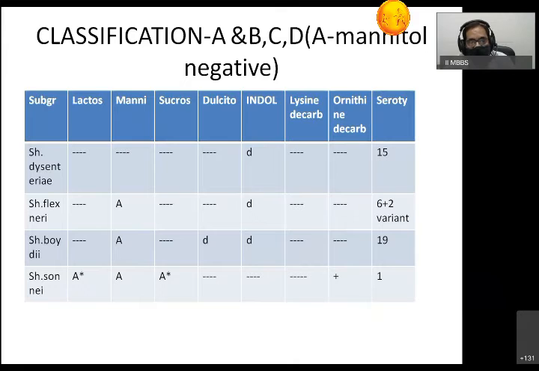Classification: they can be classified depending upon their biochemical characteristics. There are 4 species or subgroups: Shigella dysenteriae, Shigella flexneri, Shigella boydii, and Shigella sonnei. The interpretation of biochemical tests is useful for species identification.